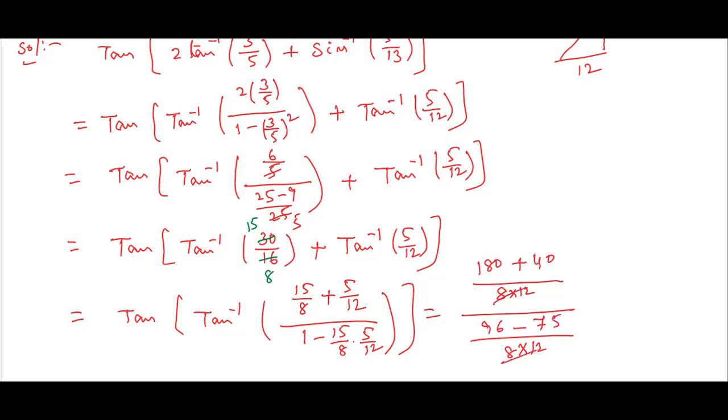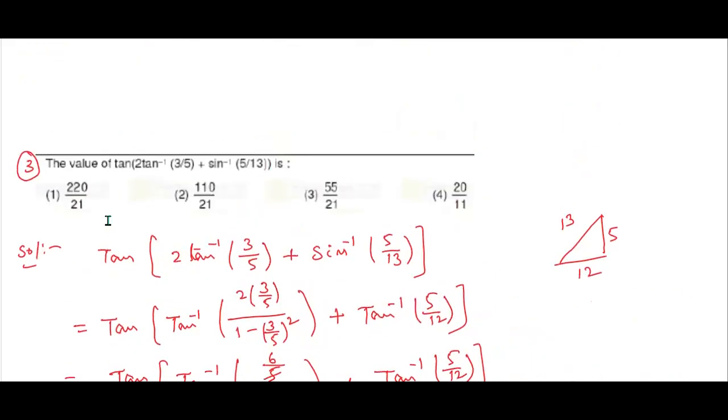These two cancel. Now 180 plus 40, 220 by 96 minus 75, 21. So answer 220/21. Which option correct? First option.